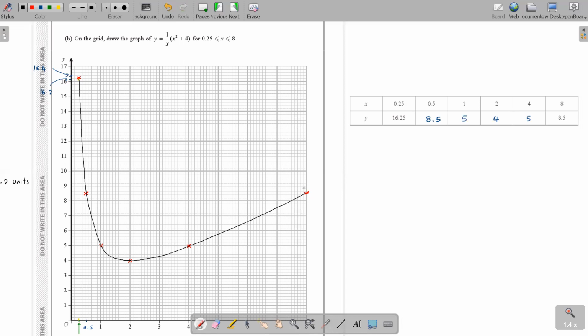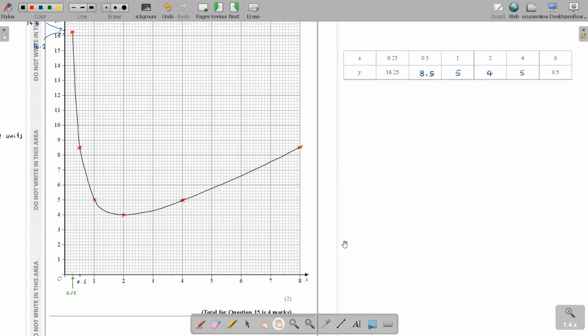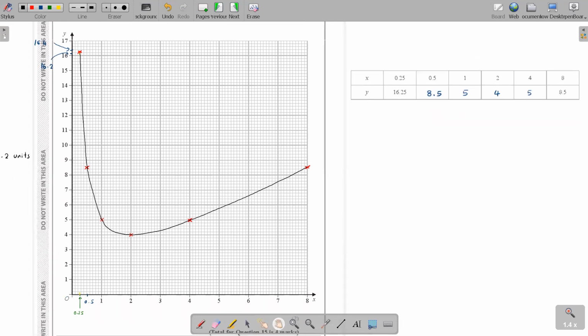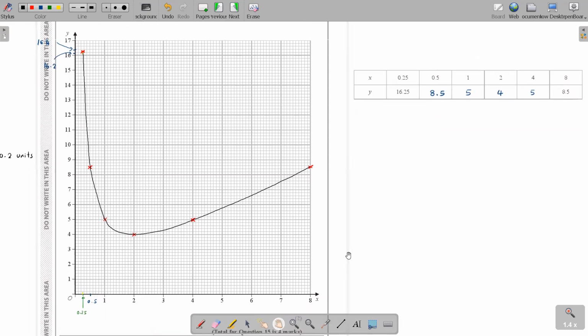So we get something that roughly looks like this, right? Try to make it as smooth and as neat as possible. So we end up getting a graph that looks like this. Make sure your coordinates are all marked as accurately as possible. The coordinates should be marked correctly, and you should try to draw the graph as smoothly as you can.